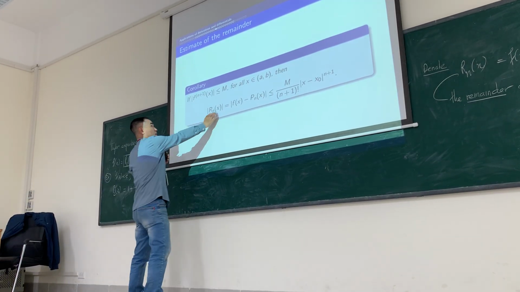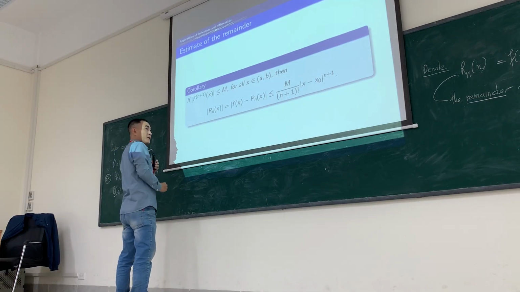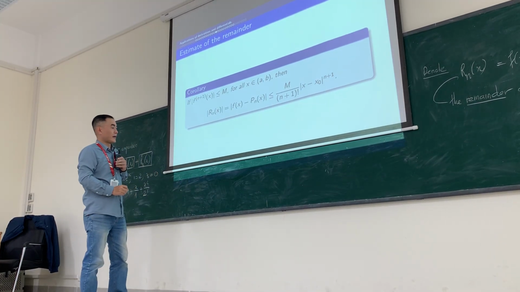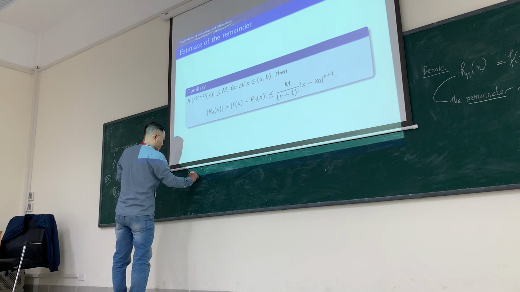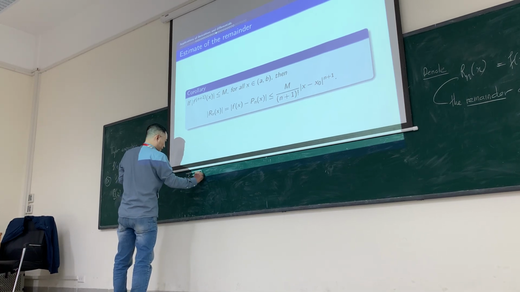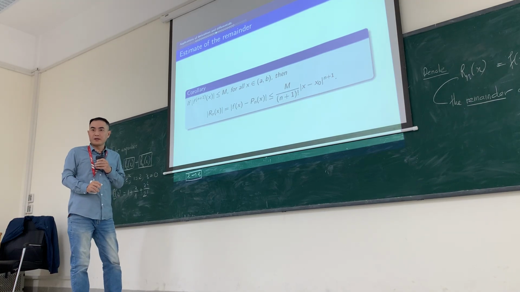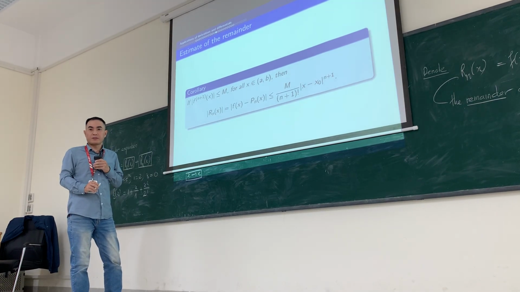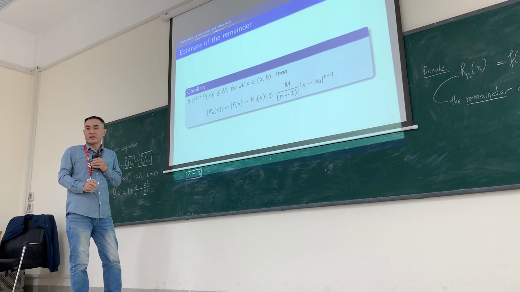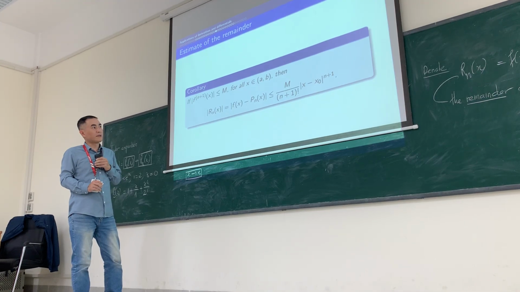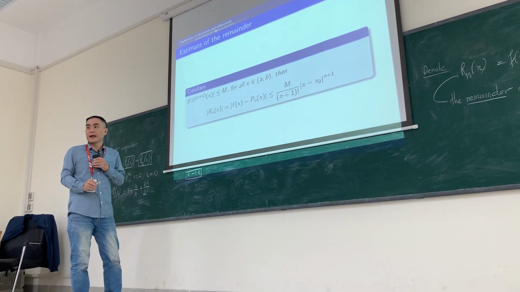Okay, from the corollary here, when x tends to x0, we have the remainder infinitesimal, of higher order than x minus x0 to the power n.